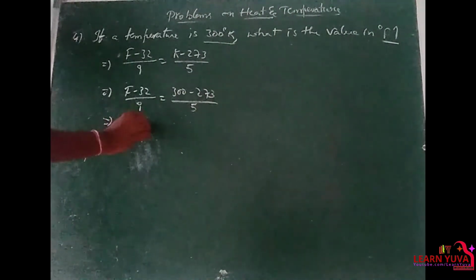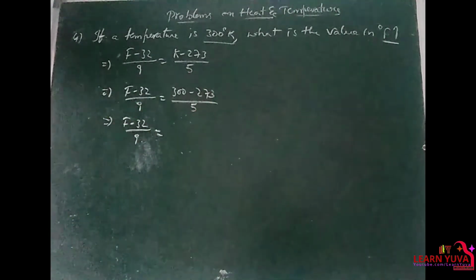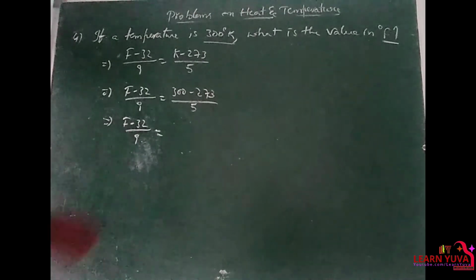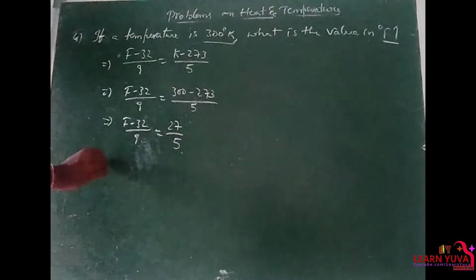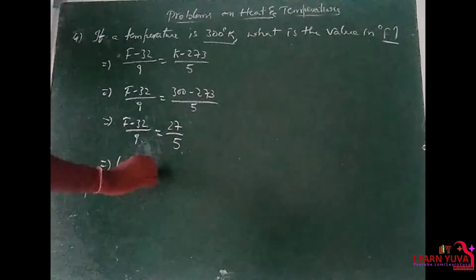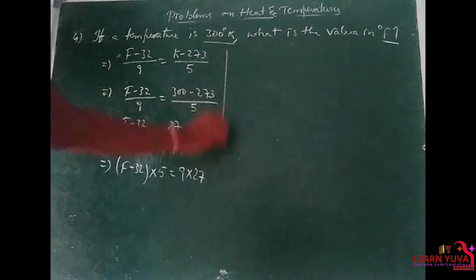So F minus 32 by 9 is equal to 27 by 5. Do the cross multiplication. F minus 32 into 5 is equal to 9 into 27.